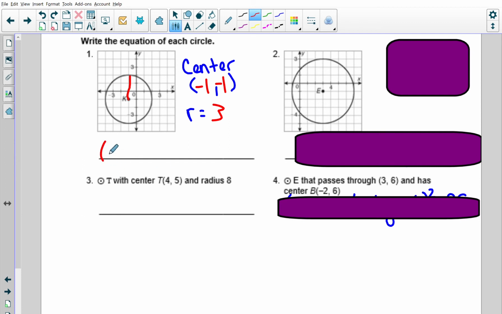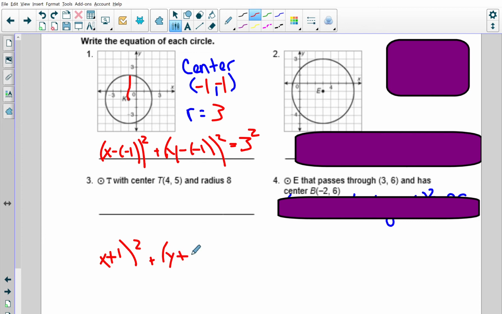Therefore, I know I have x minus a -1 squared plus y minus a -1 squared, 3 squared. Well, what does that equal? That's all x plus 1 squared plus y plus 1 squared is equal to 9. That's the answer for this one.